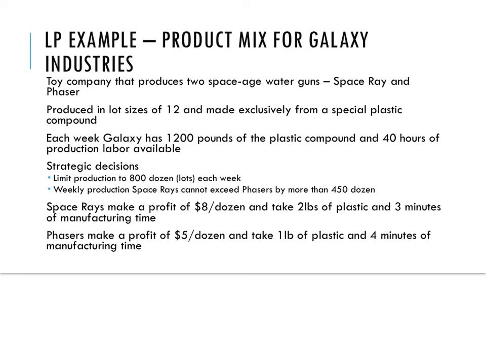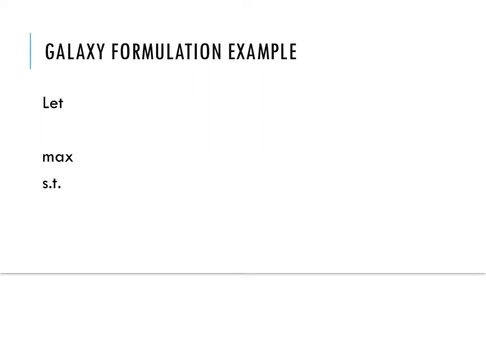So we're going to do something similar to what we did before. We have our outline here. We say let and then define the decision variables. This time let's be a little better than just x1 and x2.